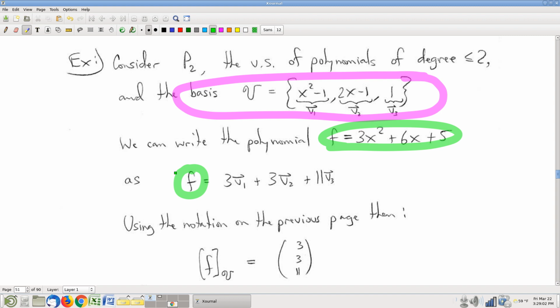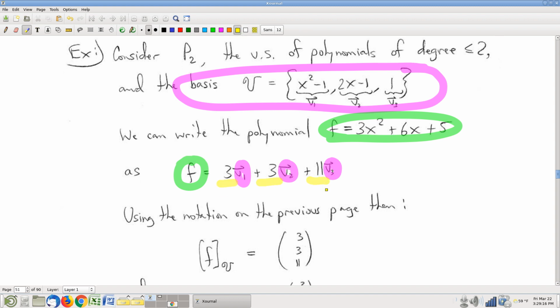If I want to describe that, then capitalizing on the fact that I've got this given basis, v1, v2, v3, and I can write it as a linear combination of those basis vectors with these coordinates, then I can say that the coordinates of that vector with respect to that basis are 3, 3, and 11.